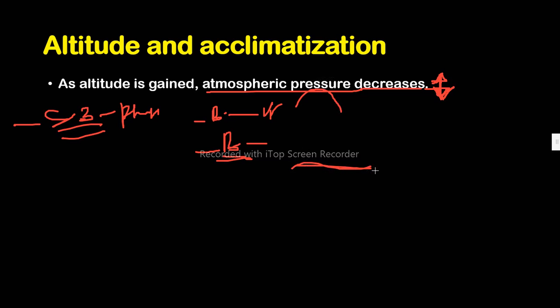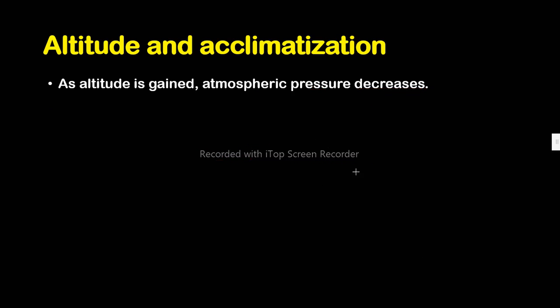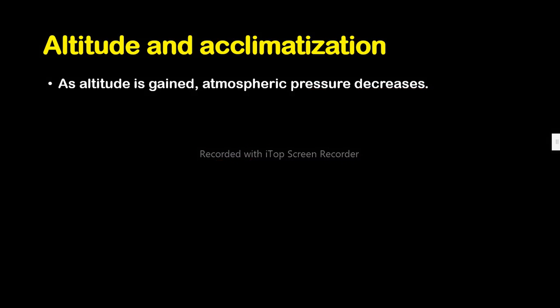Because of that, on top of the hill the vapor pressure will equate the atmospheric pressure easily, because the atmospheric pressure is low compared to sea level. If you understand that concept, then it's cool. So as we ascend above sea level, the atmospheric pressure keeps on decreasing.